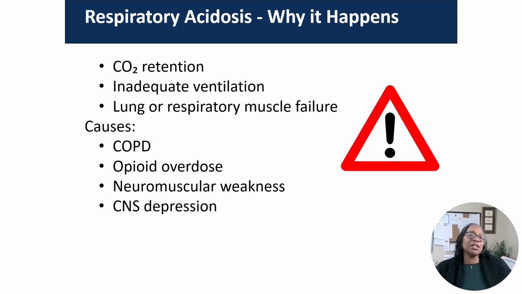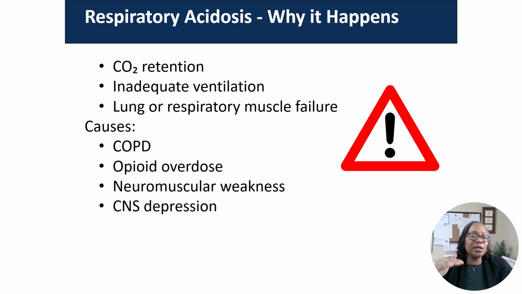And so common causes that you're going to see on the NCLEX will be patients who have COPD, patients with an opioid overdose, those with severe asthma, neuromuscular weakness, or central nervous system depression. So remember that respiratory acidosis is really dangerous.